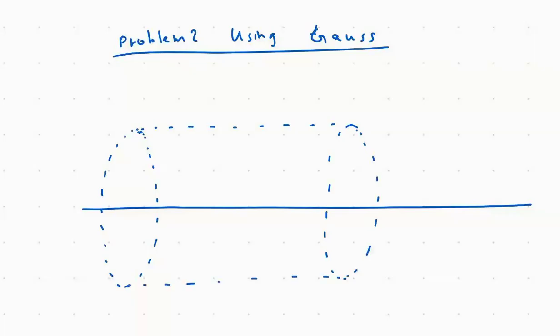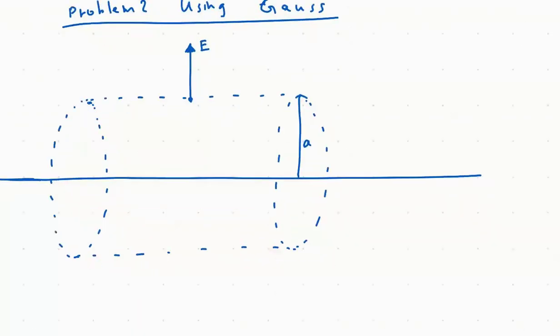Now we already discussed how the horizontal components cancel out. So we know that the field at this point, which is a distance a away from the wire, is going to be strictly vertical, the electric field. So we can find the total flux.